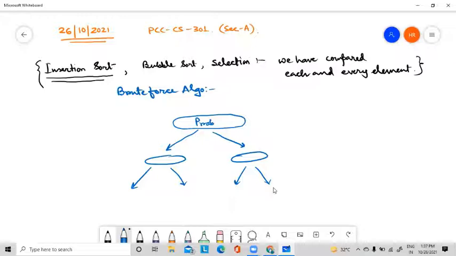That is the logic of divide and conquer algorithms: instead of comparing each and every element, we divide the array into sub-arrays or sub-problems, and then we solve the actual problem. That's why this type is called a divide and conquer algorithm.